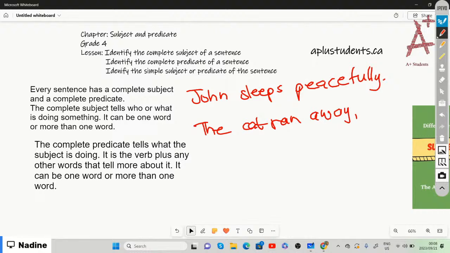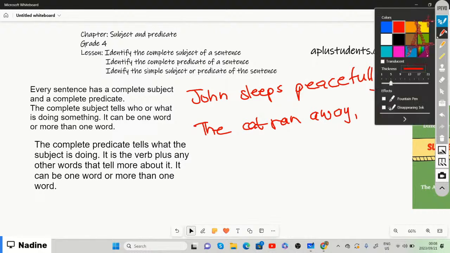So we already identified our subject as John and also the cat. That is our subjects, right? So now we know the subject is who or what is doing something, meaning John did something and the cat did something, right? But now we need to find the predicate within that specific sentence.